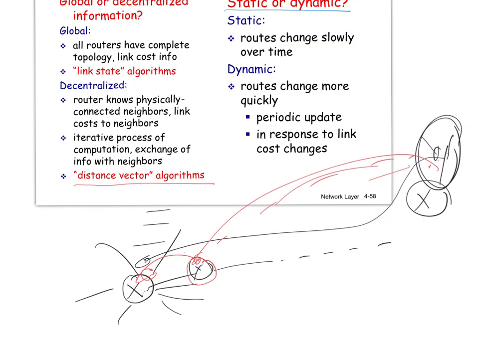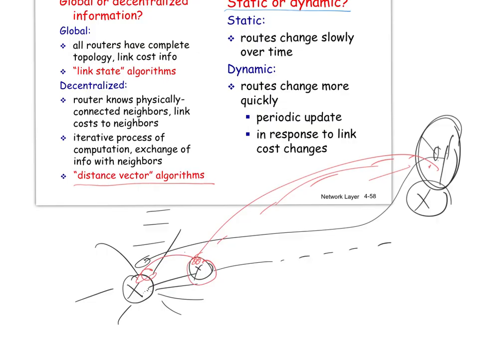Most probably I cannot trust it 100% because I don't have a global view. That forces the routers in distance vector to keep exchanging distance messages all the time. Why? Because we don't have any global view. This is a very important point.